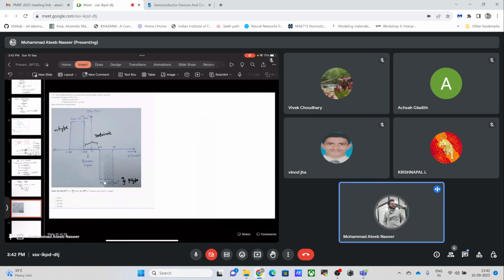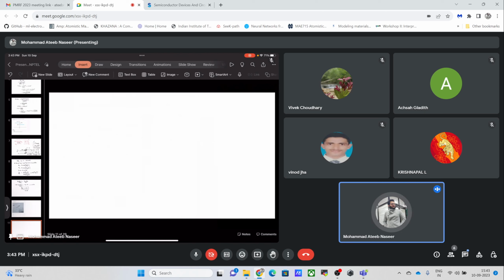Always draw the energy band diagram. For us, the material on the left-hand side is n type. If I draw the energy band diagram in one go, I will have the Fermi level, which will be constant throughout.